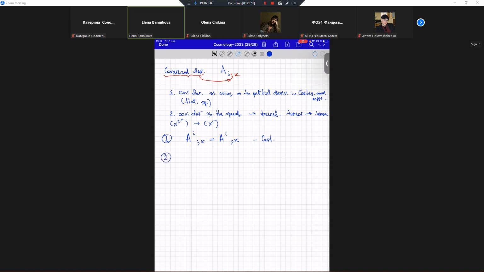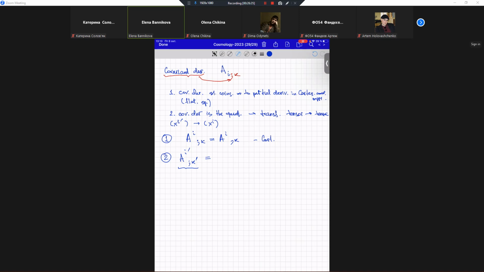The second property tells us that this object, which we obtain by applying this operation of covariant derivation, when I go, for example, from prime reference system to non-prime, k prime, okay? In this case we need to use the formula of transformation of the tensor. As we understand, this is a mixed tensor of the second rank.